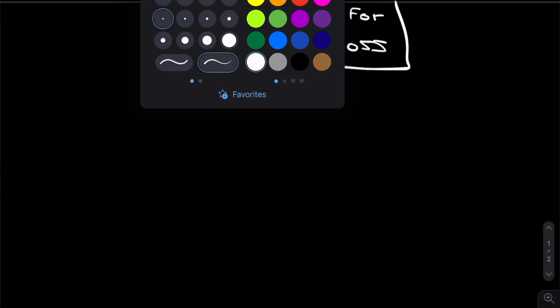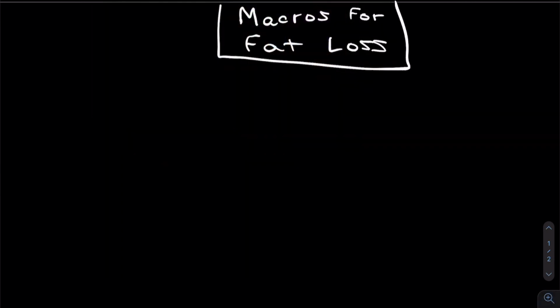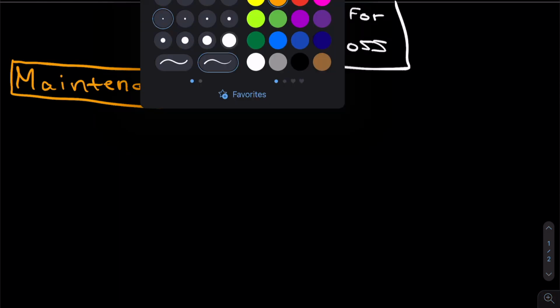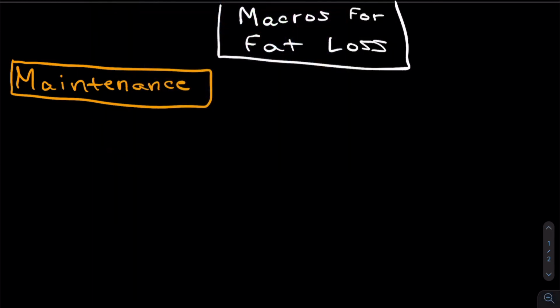So let's begin. In order to find your maintenance calories, here I'm going to write it here. Maintenance. You basically have a specific formula that you're going to want to track. In order to track that, you're going to want to do this. And this is the formula that I use.